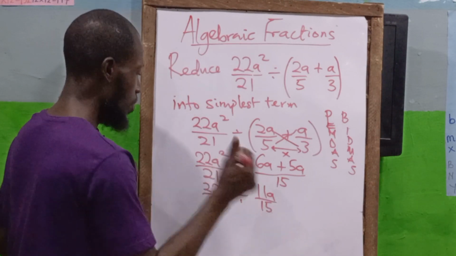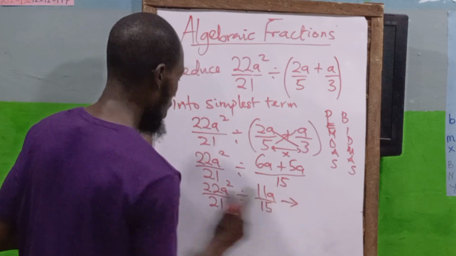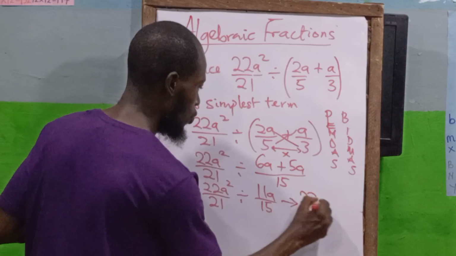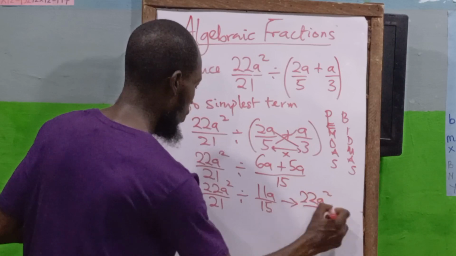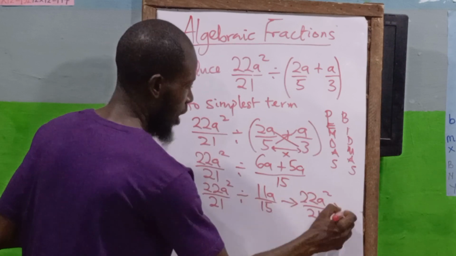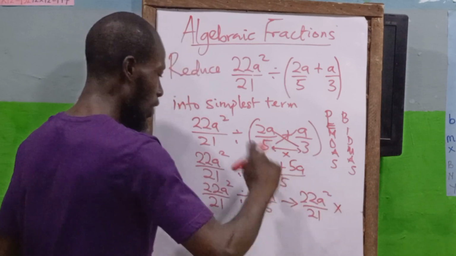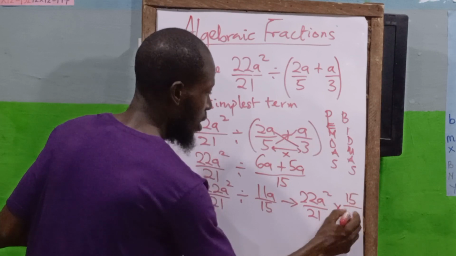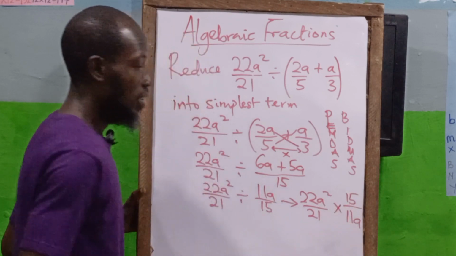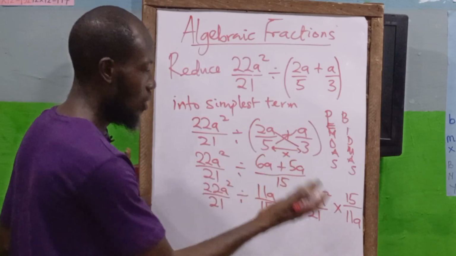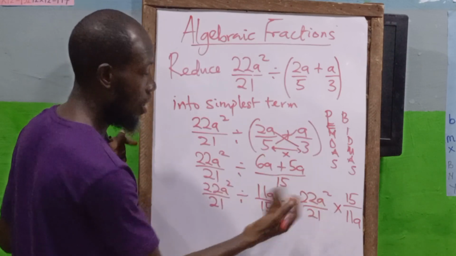So we keep the first fraction, 22a squared over 21, then change to times, then we flip: 15 over 11a.